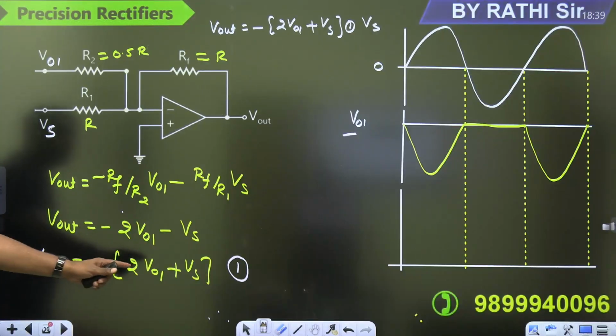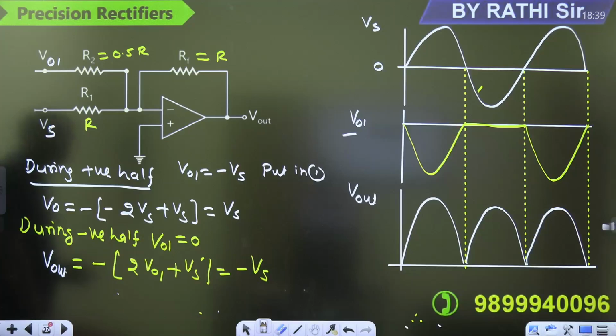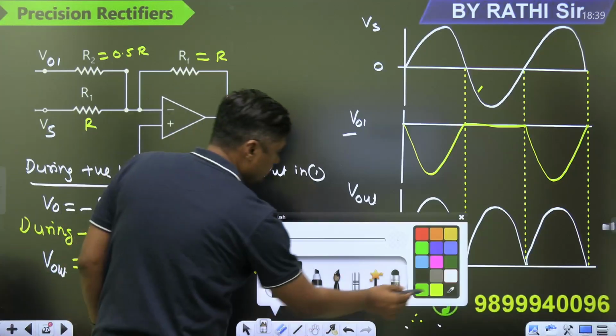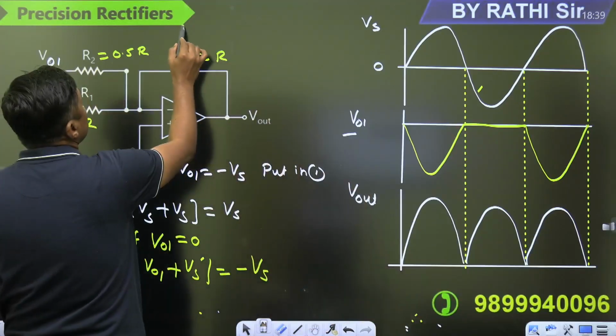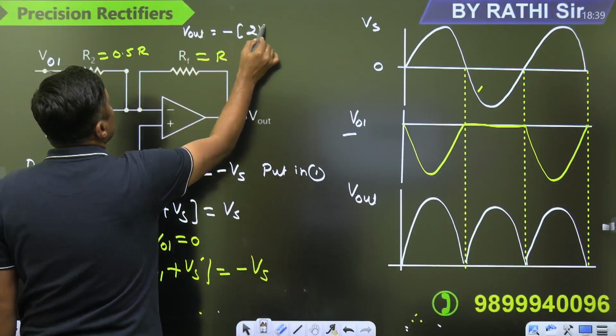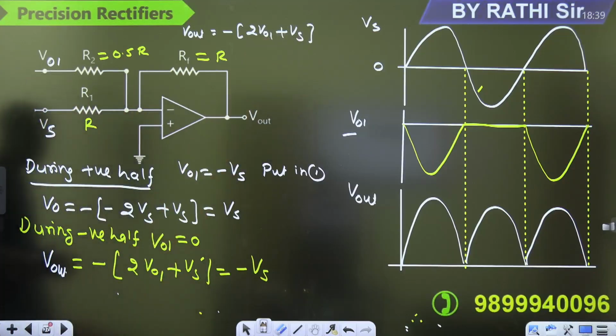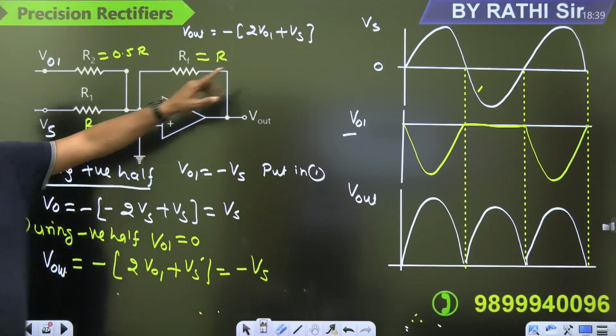Minus of 2V01 plus Vs. This is the output of the summer. Okay. So first, when I am putting this value during positive half, what is input will remain input.